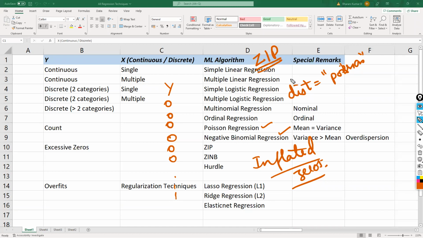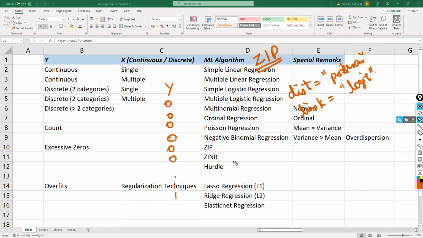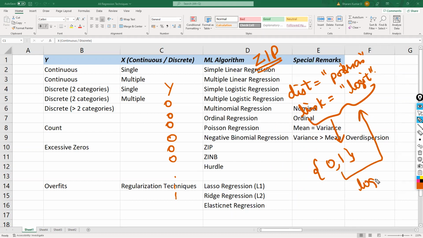And alongside this, you also have to mention link function. And if you say link is logit, for example, what your model does is it is going to pick all the zeros and ones in your data set, and it will start treating this as a two-class problem, and it will build a logistic regression. And 2, 3, 4, all these count values would be given to your Poisson distribution.